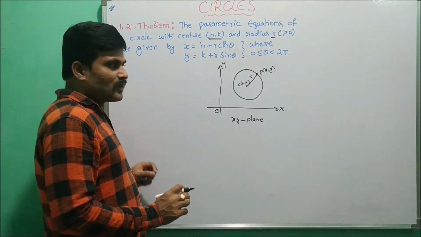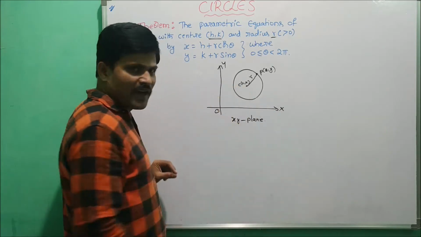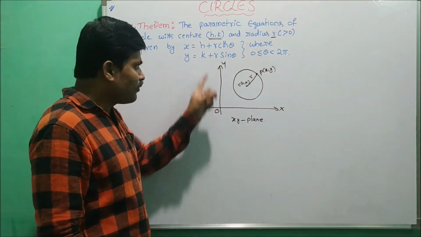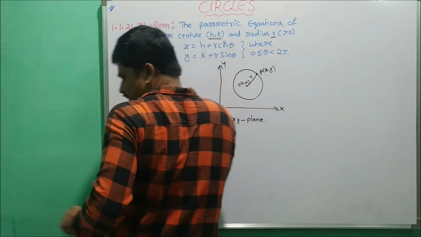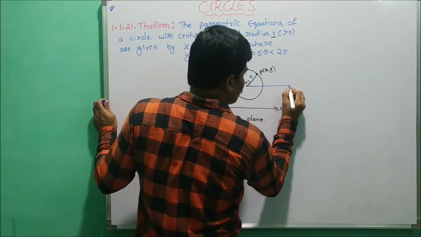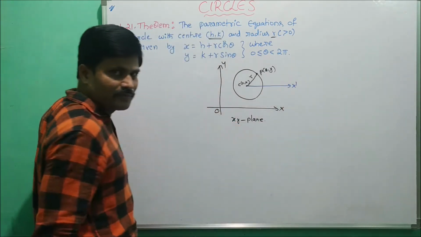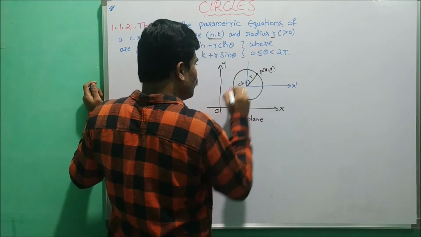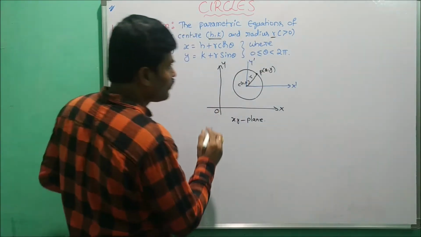First we draw a line parallel to OX, and similarly a line parallel to OY from the center C. This parallel line we consider as CX dash. Similarly, this is the line parallel to OY, that is CY dash.